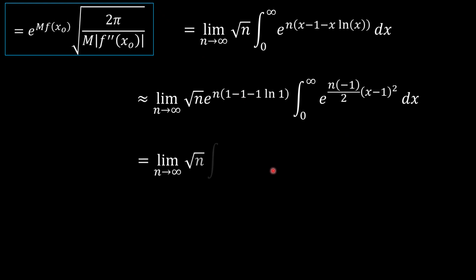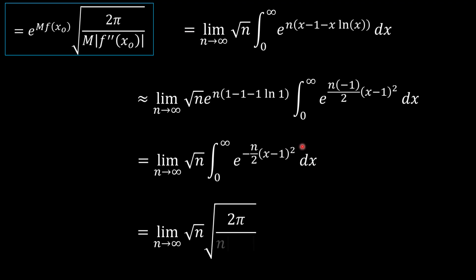This is as simple as that, because this now collapses to 1. e to the power 0 is going to be 1. So we're just left with this integral here, where n is a very large value. We may not need to waste a lot of time trying to convert it to a Gaussian integral.